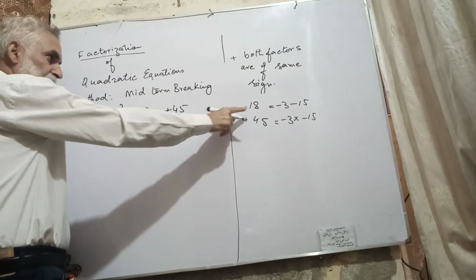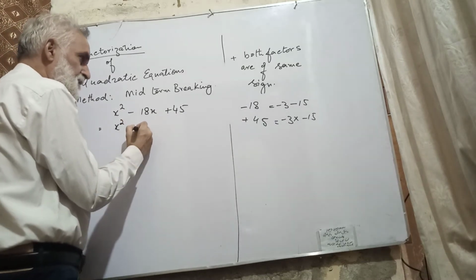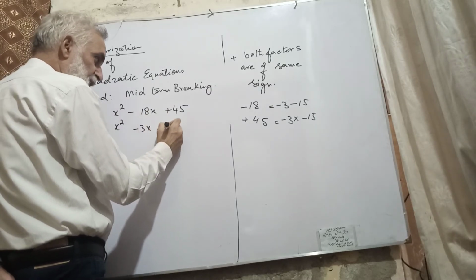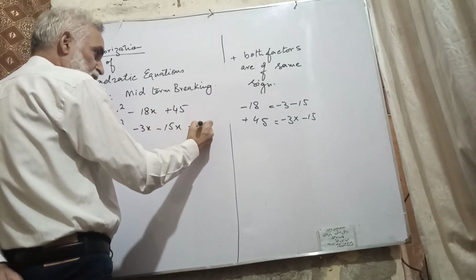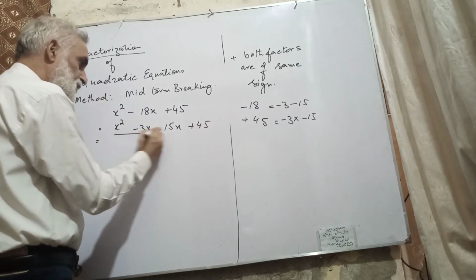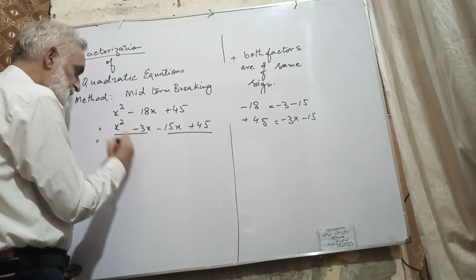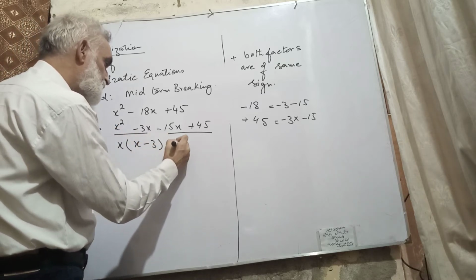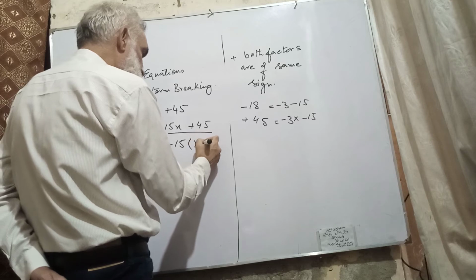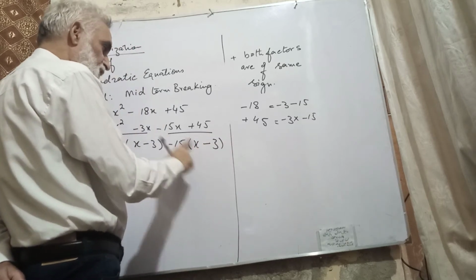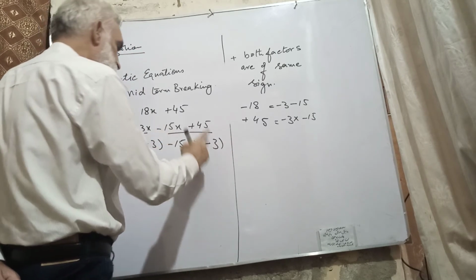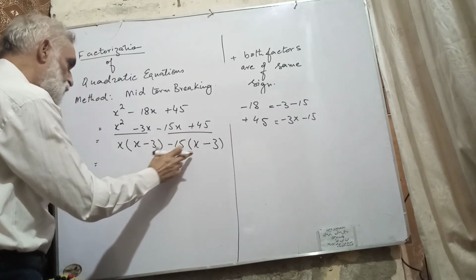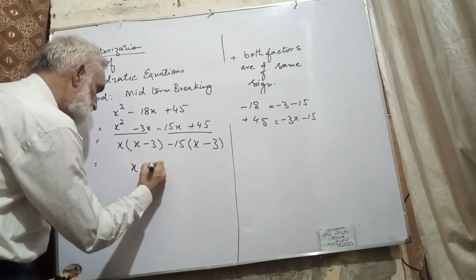Okay, we split the middle term: x squared minus 3x minus 15x plus 45, right? From these terms, just take x as common, x minus 3, minus 15 common, and x minus 3. See, minus 15 times minus 3 is plus 45. So from these two terms we take x minus 3 common.